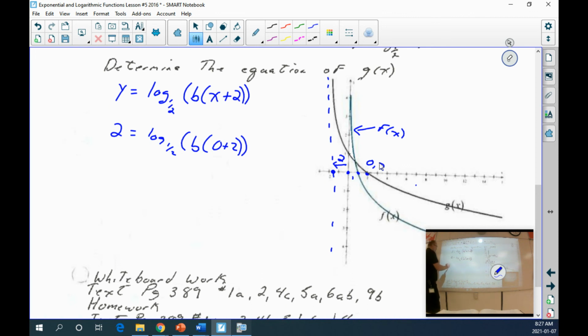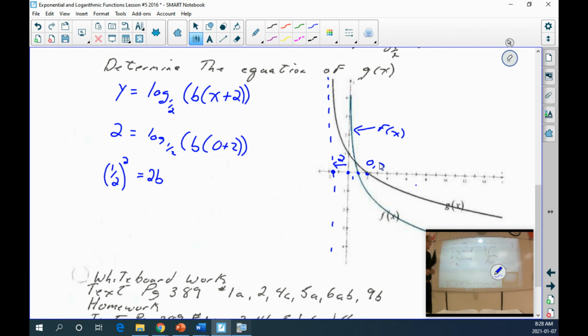We have 1/2 to the power of 2 is equal to 2b.